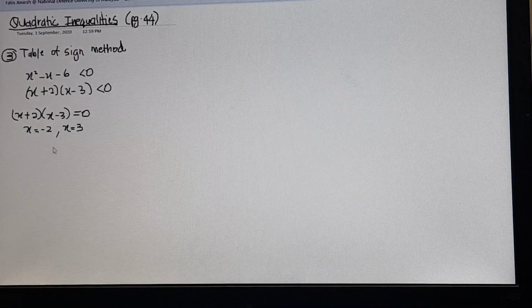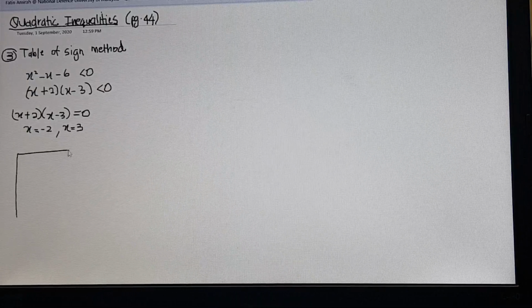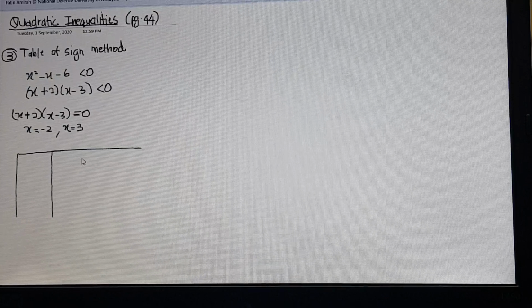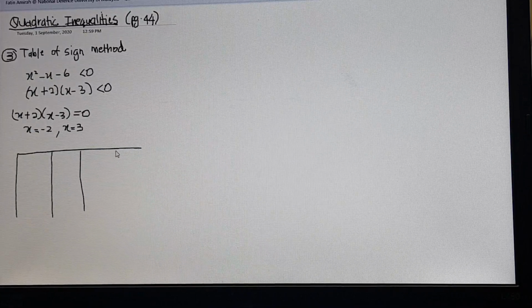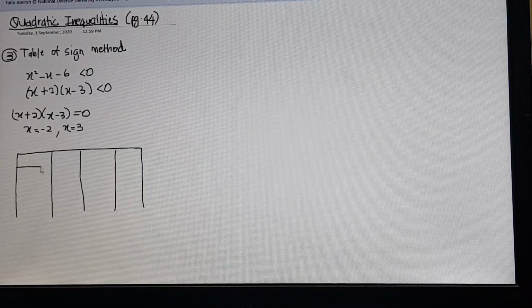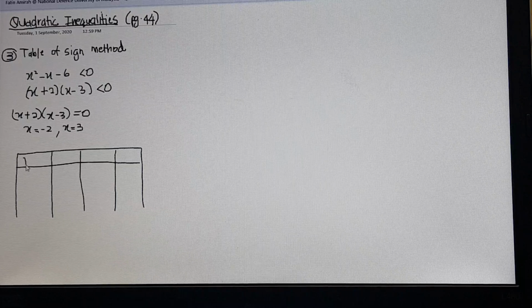Now you construct a table. The table must have 4 columns. So you have here 4 columns, and this is the factor.